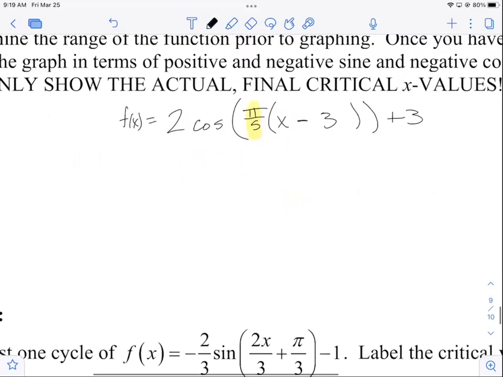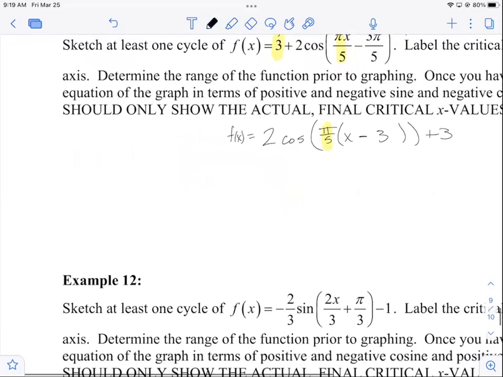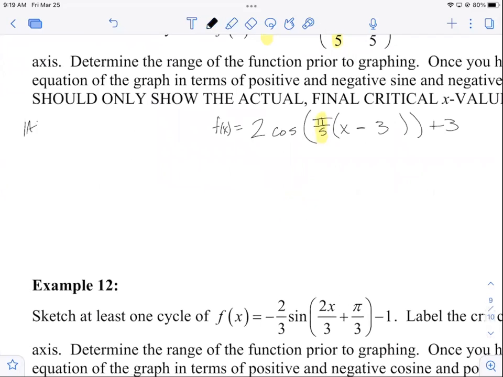Let's go down the side and do our little alphabet: A, B, C, D, P, and R. And this is just for your benefit, so I'm not going to grade it if it's equals versus colons or anything like that. The amplitude is 2, straight up 2, no flipping or anything. The B value is of course pi fifths.